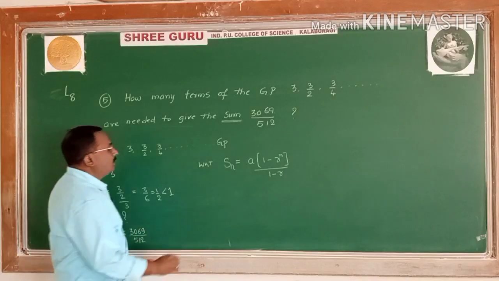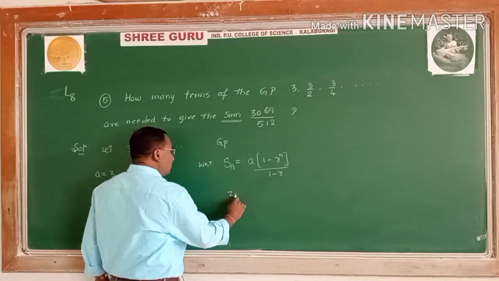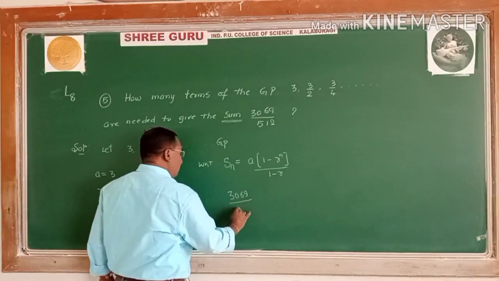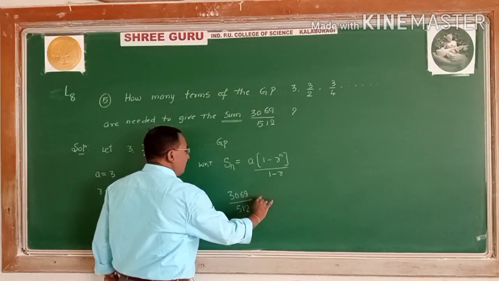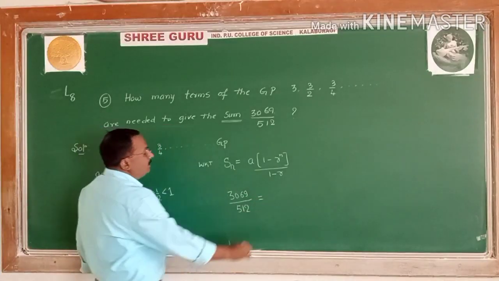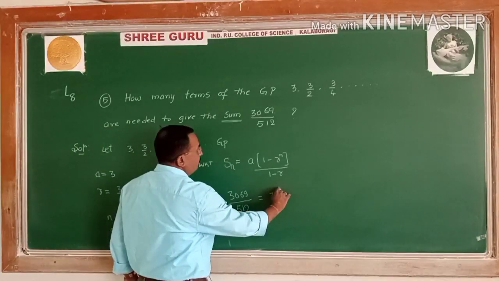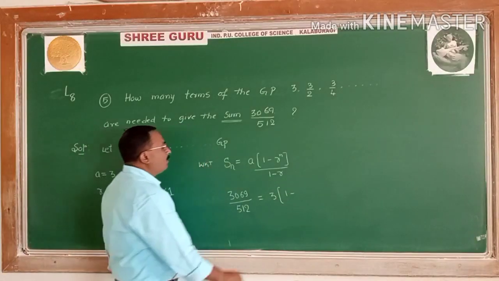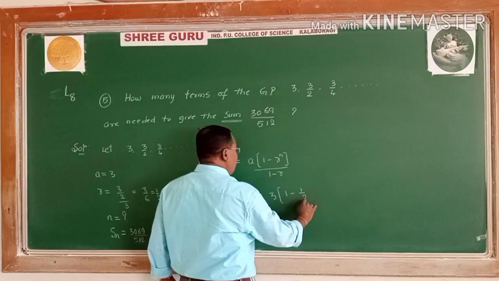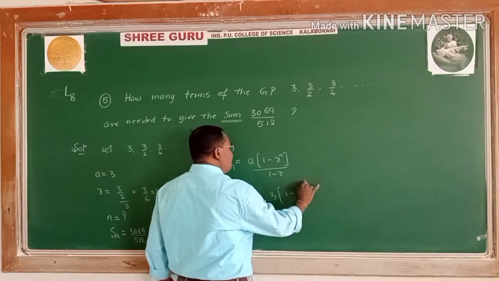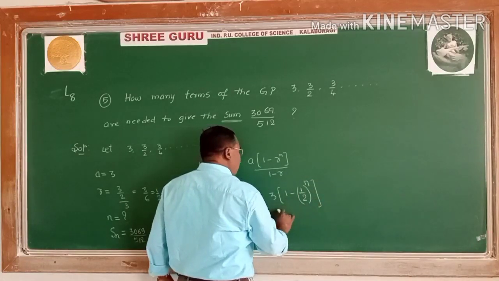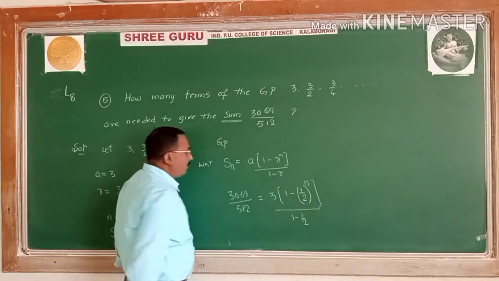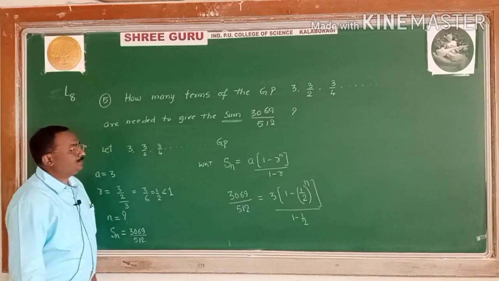Sn is given, 3069 divided by 512, is equal to A, the first term 3, times 1 minus 1 by 2 whole power n divided by 1 minus 1 by 2.